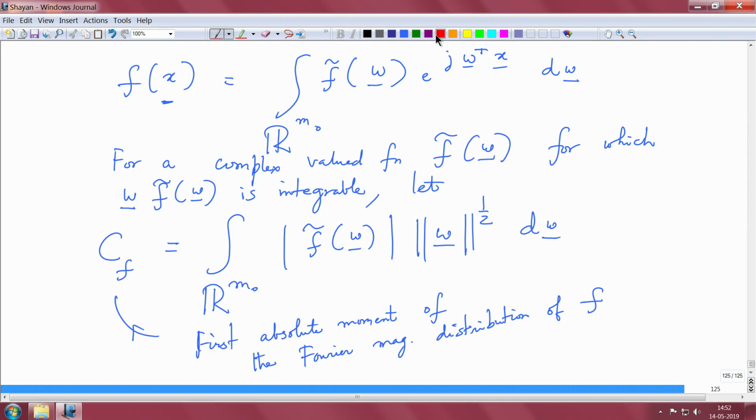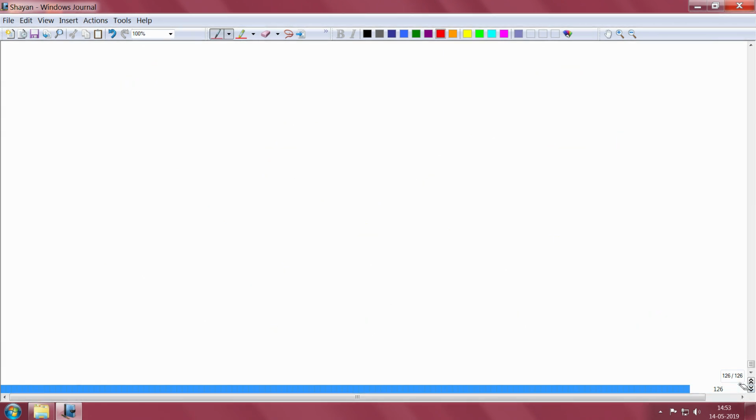I would say that Cf in a way measures smoothness of f. Now we have the following theorem from Baron, which basically provides a bound on the empirical risk based upon this parameter Cf. So let me get into the details of this discussion.